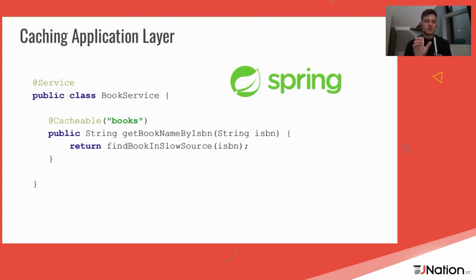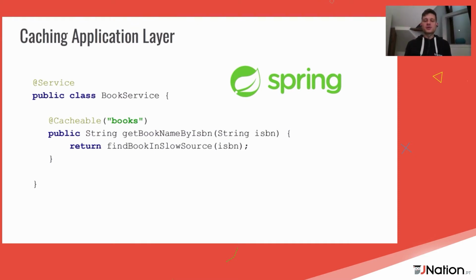So you introduce a simple @Cacheable annotation, and then every call to this service method, getBookNameByIsbn, will first check, okay, do I have this ISBN already cached in the books cache? And if yes, return the cached value. If no, only if no, execute findBookInSlowSource.